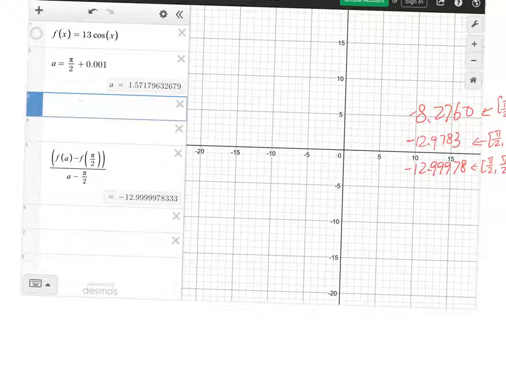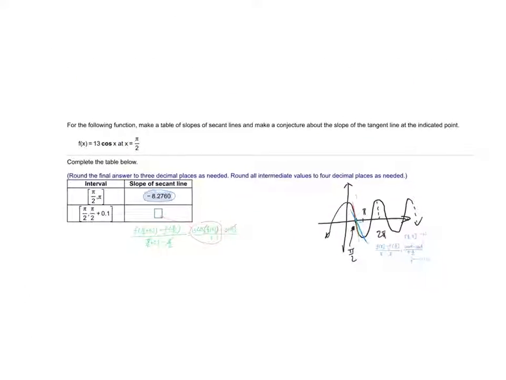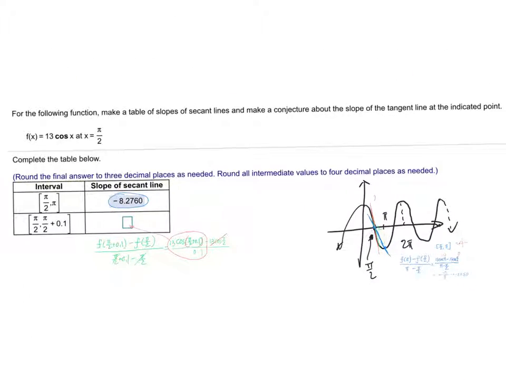So, in other words, my answer for the previous question, what is my conjecture about the slope of the tangent line? I would say it's negative 13. So this finishes this problem. I probably do explain too much, but it would never hurt to explain more than less. Please ask if you have questions.